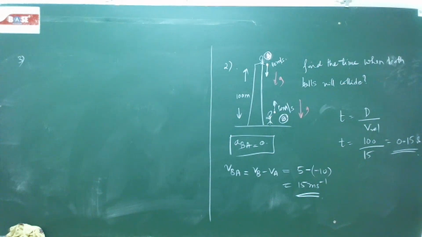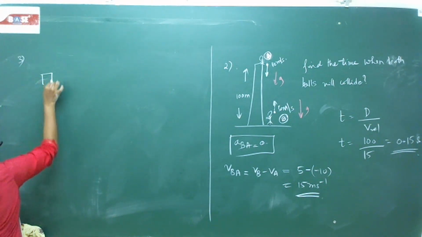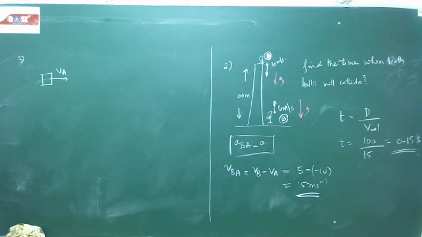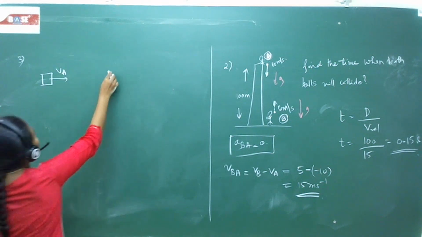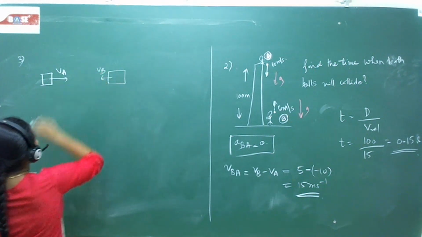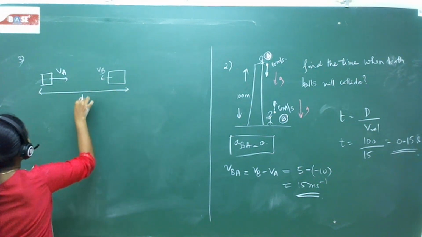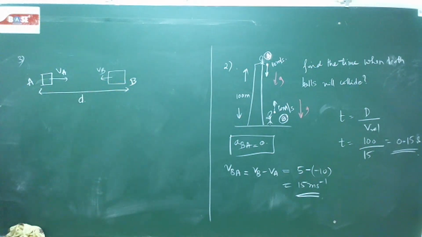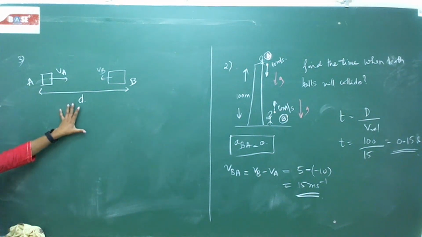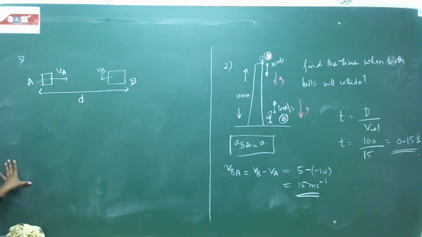Question 3 says that two cars are moving towards each other at velocities VA and VB, at a separation D. So there is a separation of D distance between A and B. And now at this instant, both are retarded with accelerations AA and AB.